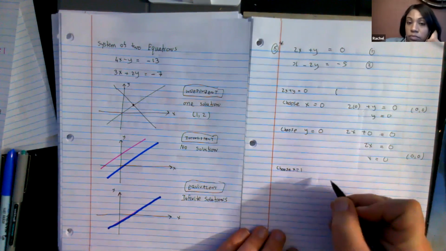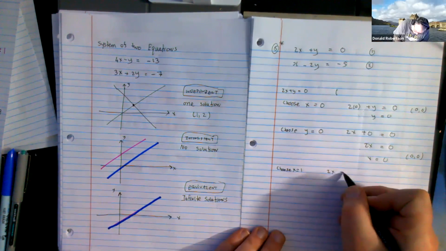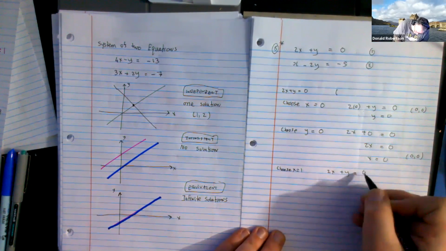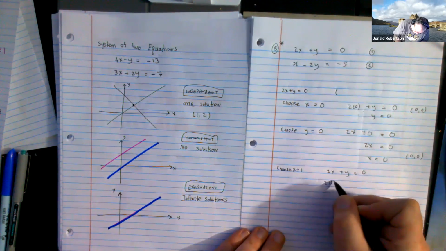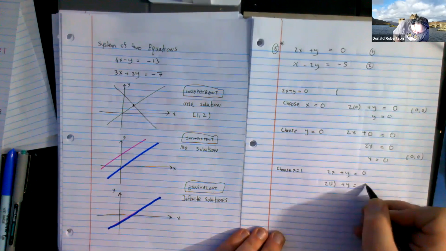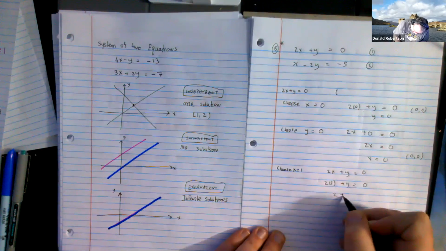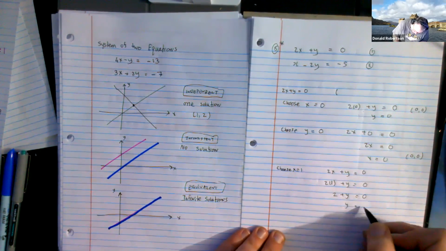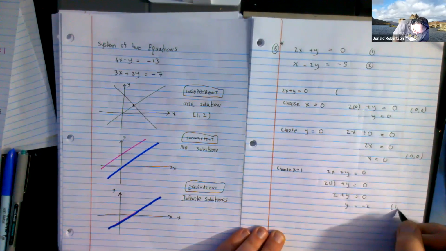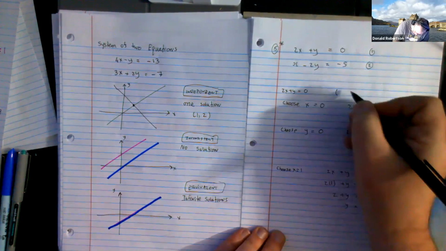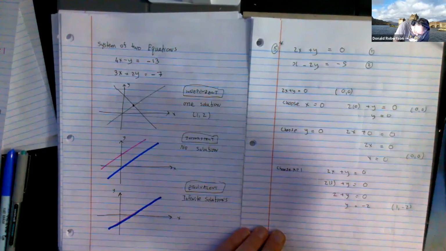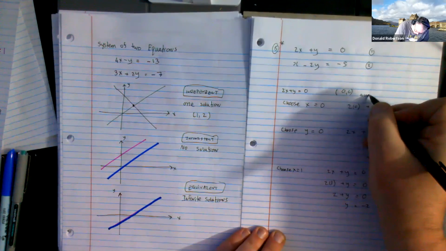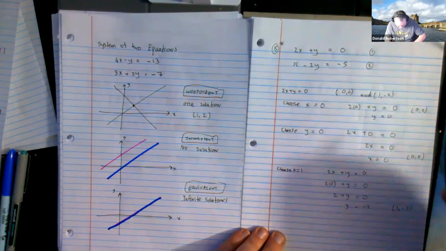Well, if I choose x equals 1, 2x plus y equals 0 becomes 2 lots of 1 plus y equals 0. 2 plus y equals 0, and y equals -2. So that gives me 1 comma -2. Do you see I've now got 2 points, 0, 0, and 1, -2.